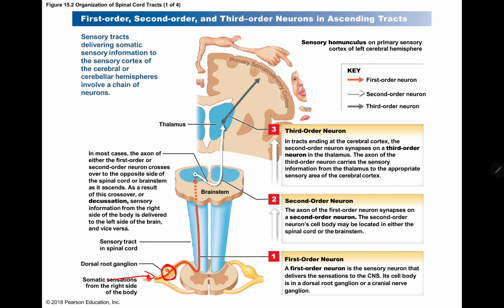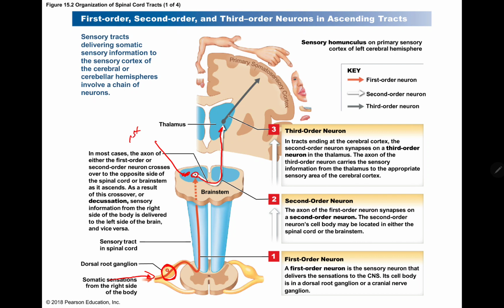Now, first order neuron comes in to the spinal cord, and then will synapse with a second order neuron, right? So the second order neuron is going to be right here, the white one. So this is the first synapse.